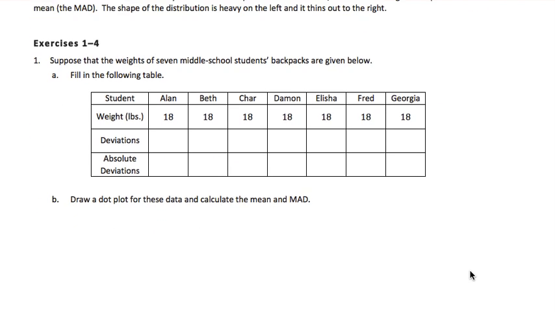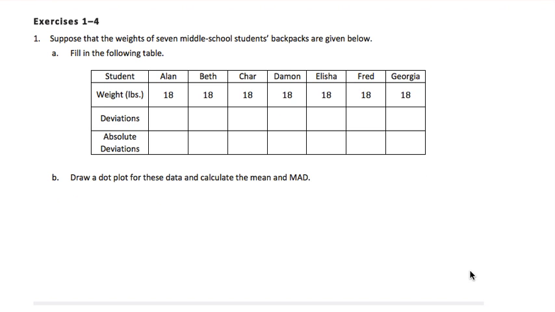Suppose that the weights of 7 middle school students' backpacks are given below. We'll fill in the following table and then draw a dot plot for the data and calculate the mean and the mean absolute deviation.